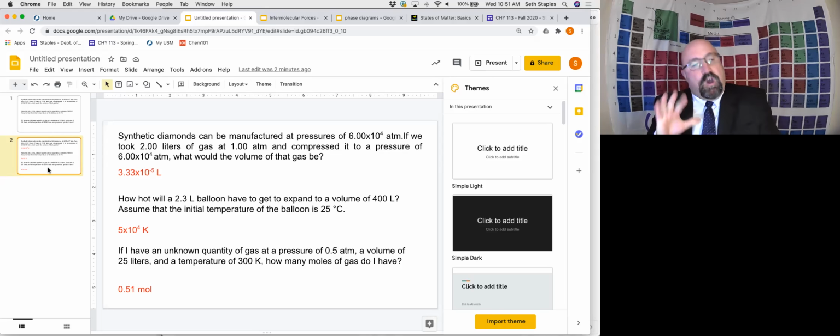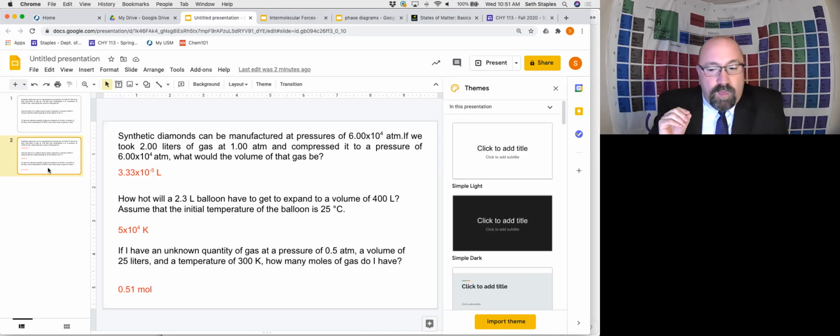And so just to talk about these a little bit, the first thing that we have to do for each problem is figure out what relationship we're talking about and figure out what the appropriate gas law is that we need to use. And so we can see in the first one that we're dealing with pressure and volume.